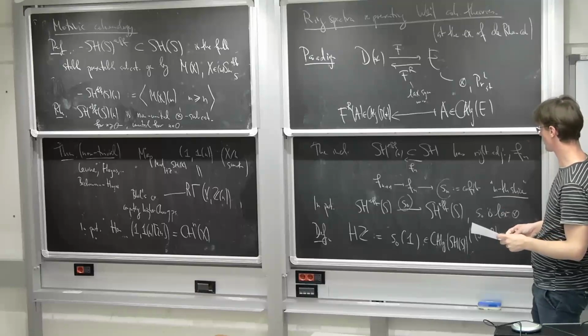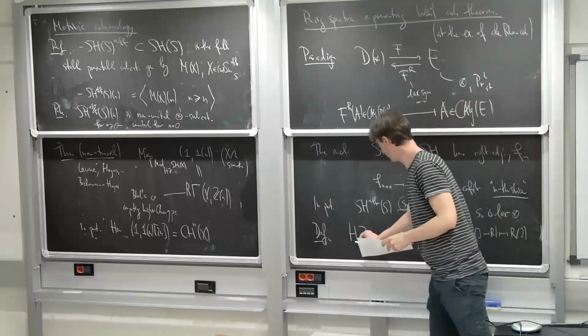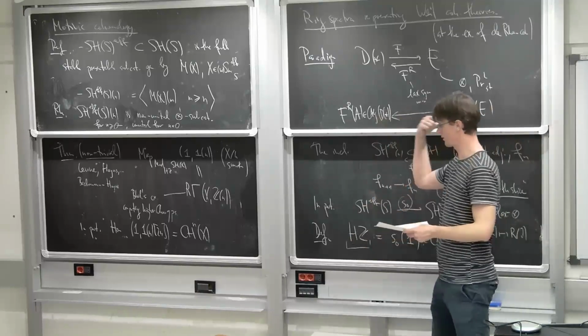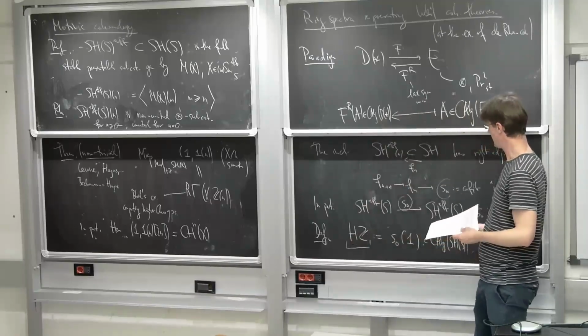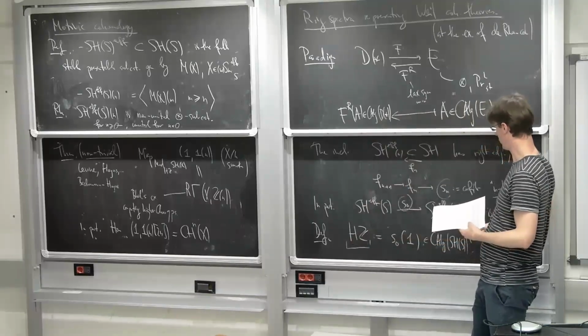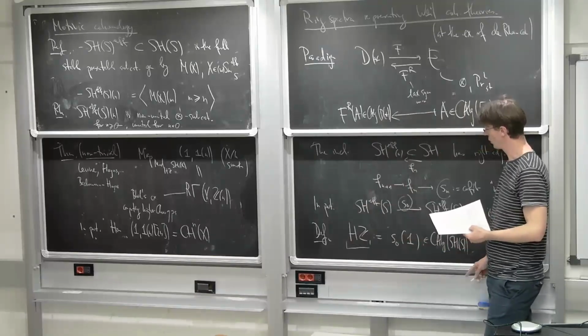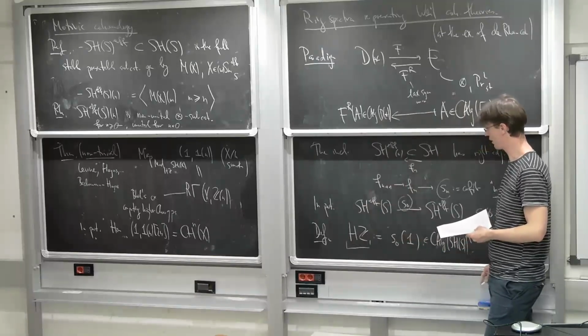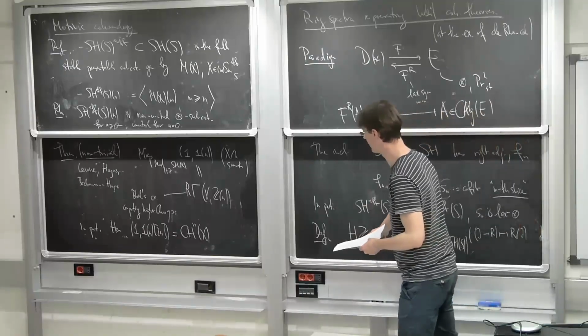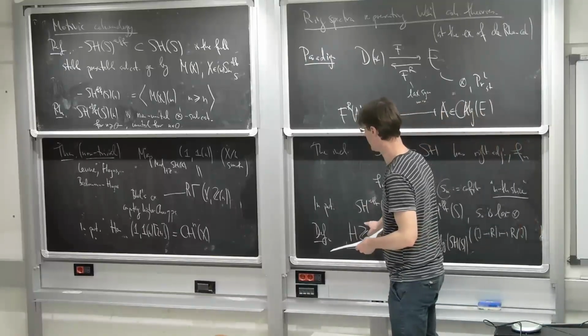Thanks, that's a good catch. If I do this HZ in the sense from earlier, I just basically tensor up the original coefficients from spectra to Z-modules, which is not necessarily oriented, whereas this one is. Good question.